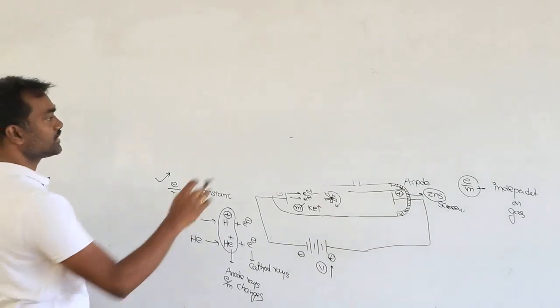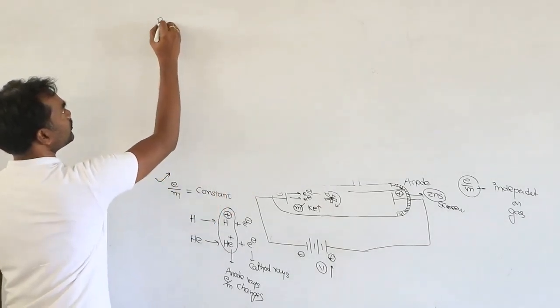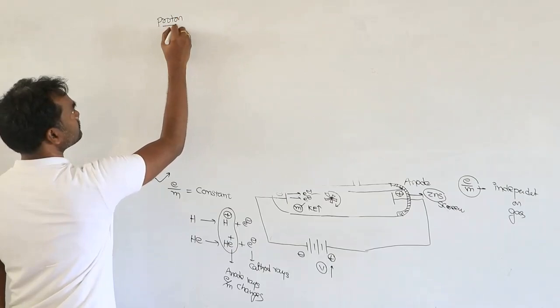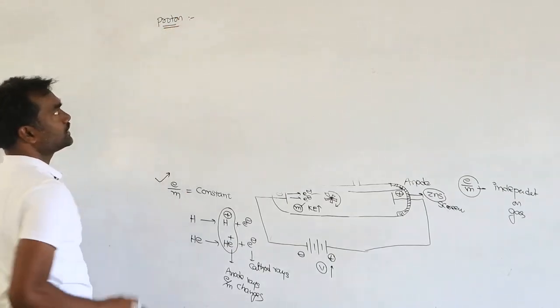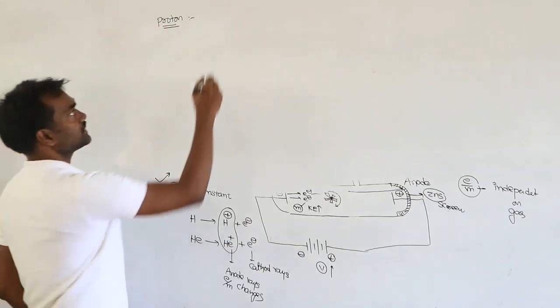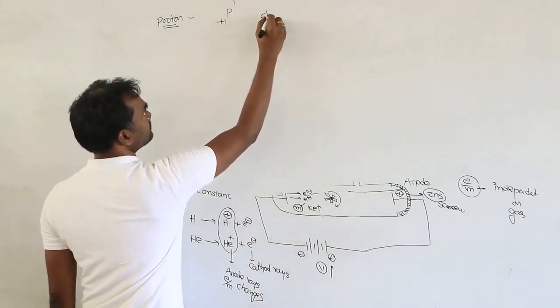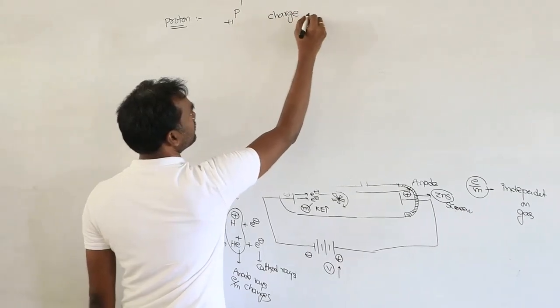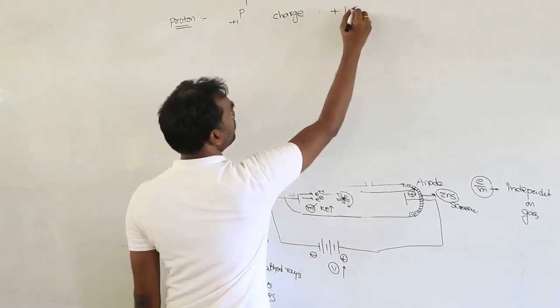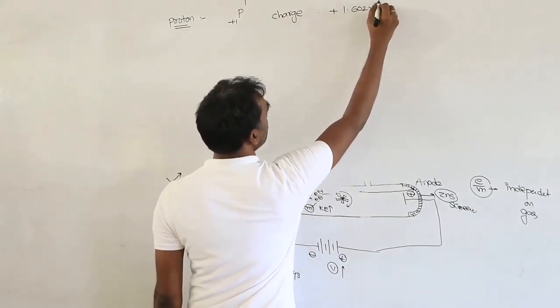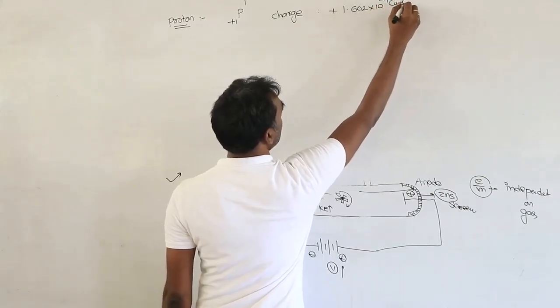Next, the second one, the proton. The proton is indicated with +1 and 1, the charge. It is similar to the electron in magnitude: plus 1.602 into 10 to the power of -19 coulombs.